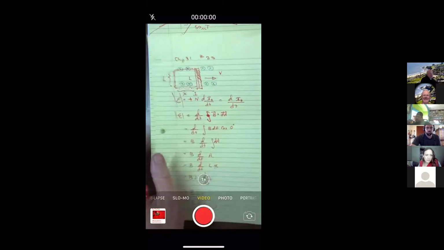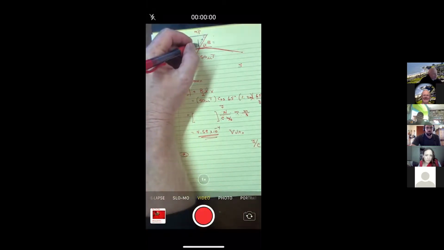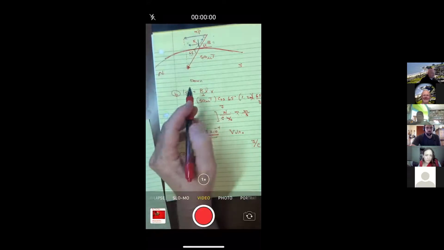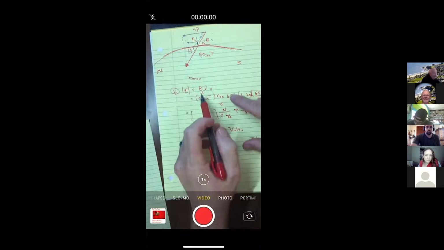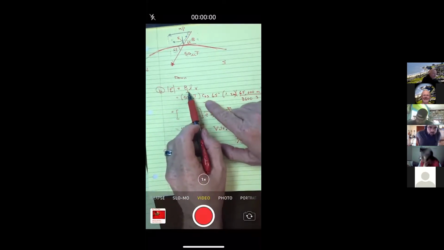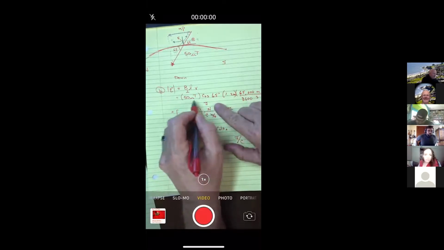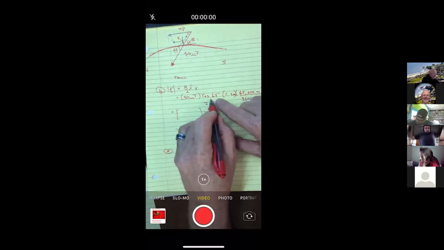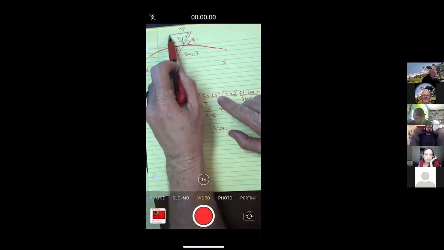I probably should have specified that if you were driving, say, northeast, you could have done something like this. You could have first said, to get the magnetic field that is perpendicular to your motion, you would first have done this calculation and go 50 times cosine of 65. That would have given you how much is pointing to the north.